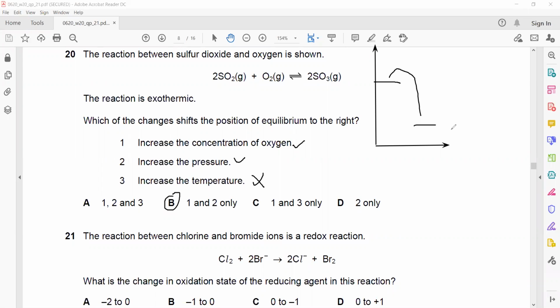If you increase the amount of oxygen, if you add more oxygen, equilibrium will shift towards the right.